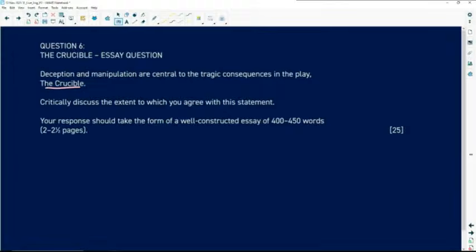So do you see the examiners try really hard to make the 2 novel questions very similar and the 3 drama questions similar, because they don't want students to feel, yes, but I wish I'd studied Othello instead of Hamlet.